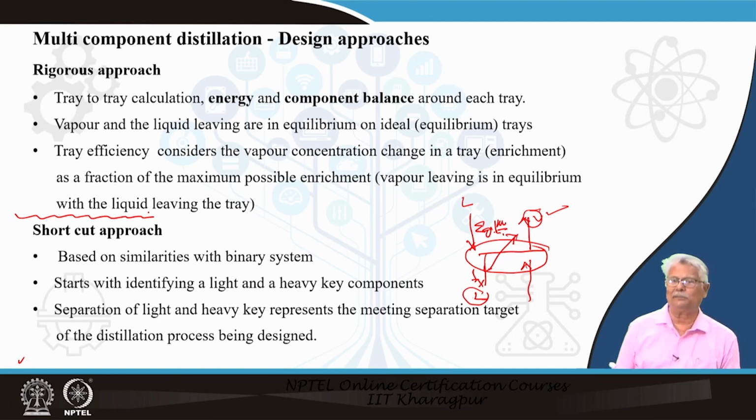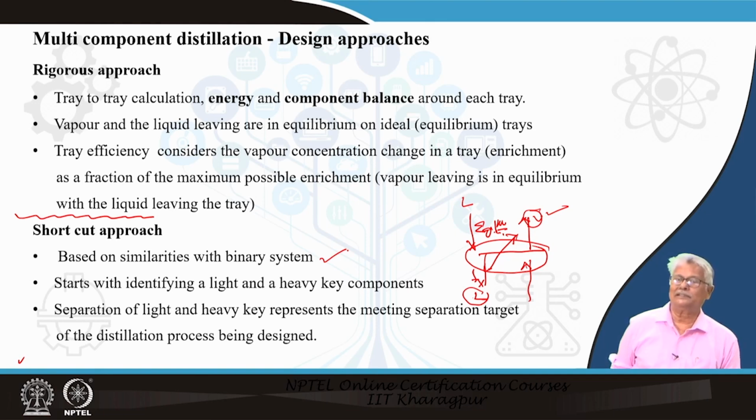Obviously, such systems are based on similarities with the binary system. That means, in a binary system, we know there are two components which are to be separated. So, the first step in the shortcut approach is to identify two components in this system. The separation between these two attains the goal of the separation of the multi-component system.